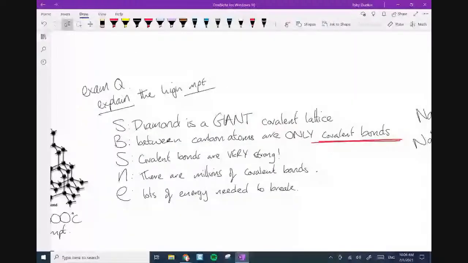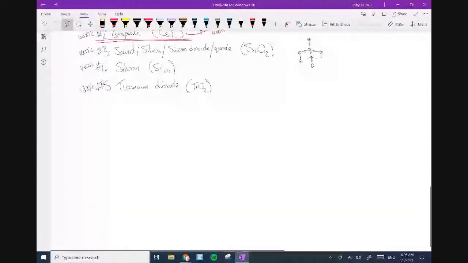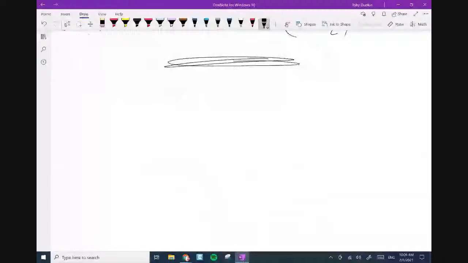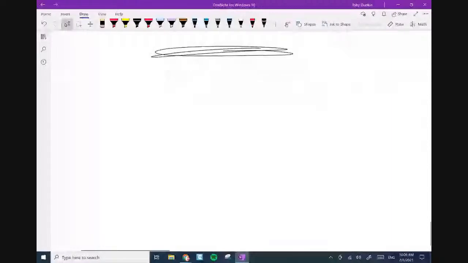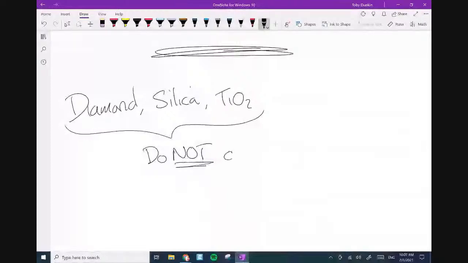Oh, one more thing. None of them conduct electricity, except graphite. It's special. So diamond, silica, sand, silicon dioxide, pure silicon's a bit tricky because it's a metalloid, it's a bit weird, TiO2, do not conduct electricity.